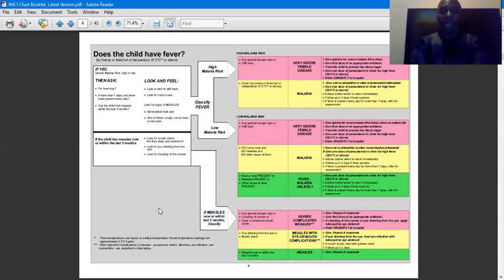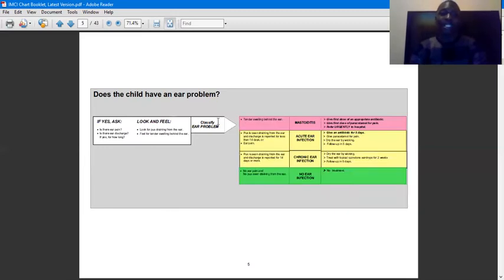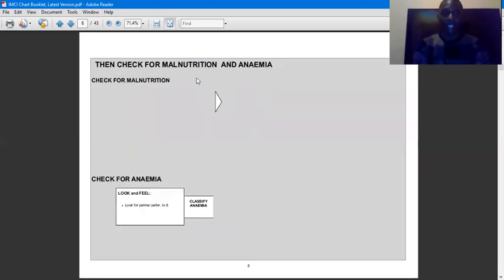Apart from that, the other symptom stated in IMCI is the ear problem. According to IMCI, when a child presents with an ear problem, it may lead you to mastoiditis, acute ear infection, chronic ear infection, or no ear infection. Then the other major symptom stated in IMCI is malnutrition.